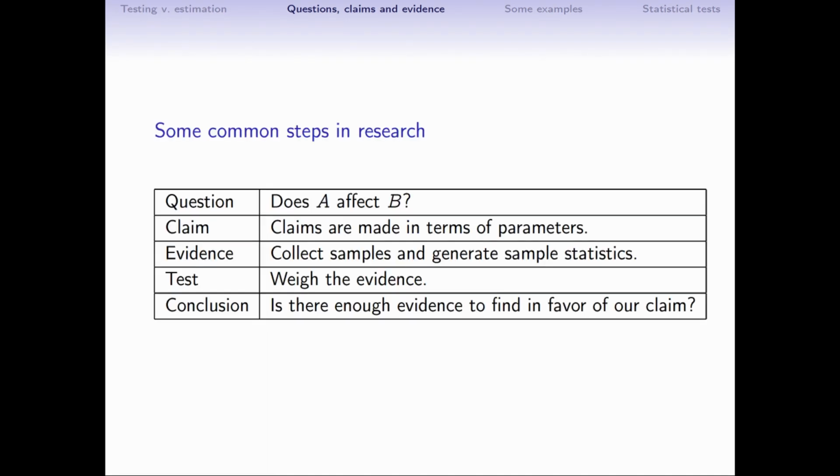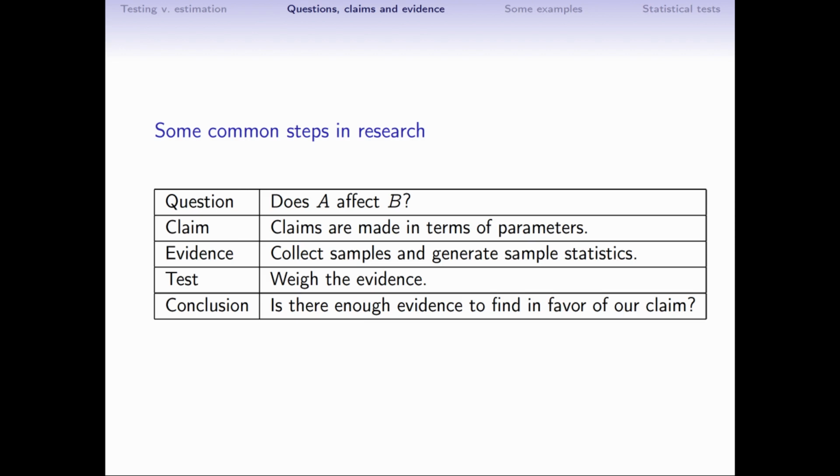Let's look at some common steps in research. Most research begins with a question, and that question is often of the form, does A affect B? Now, in order to study that kind of question, we have to make a claim. And these claims are made in terms of parameters. And by stating our claims in terms of parameters, we are opening our question up to statistical analysis.